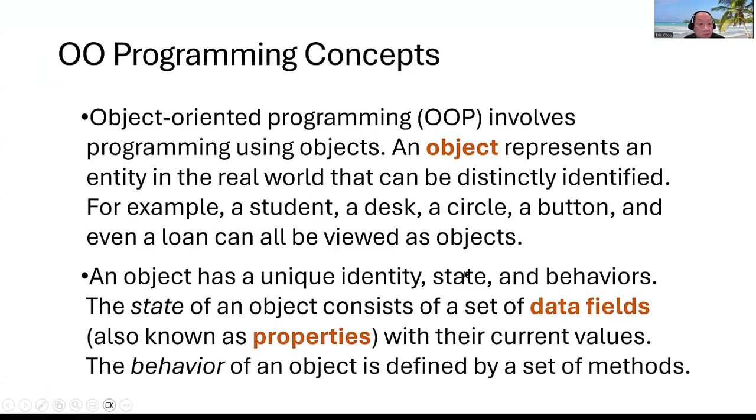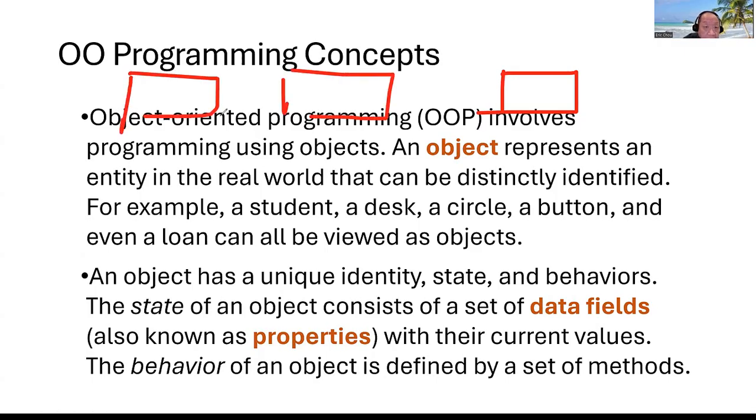So object-oriented programming involves programming using objects, an object representing an entity in the real world that can be distinctly identified. That can be a student, a desk, a circle, a button. For example, you may have 1 button, 2 buttons, 3 buttons, but these 3 buttons all belong to a class called the button class.